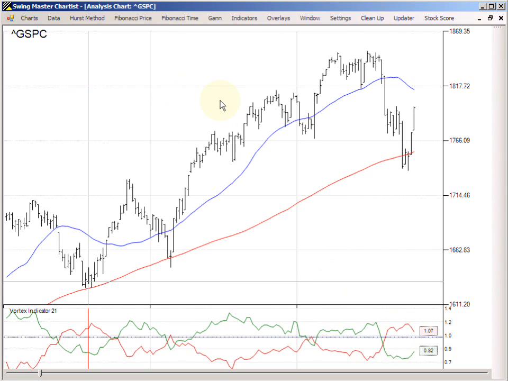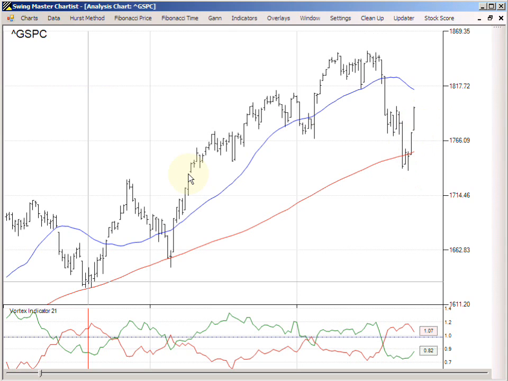But because 2 out of our 3 trend indicators are bearish, i.e. price below the 29 period average and our vortex bearish indicator above 1, we're going to stay with the scenario that the February 5th low is a wave 1 bottom. In an earlier blog post and video, we discussed what we expect out of wave 2.